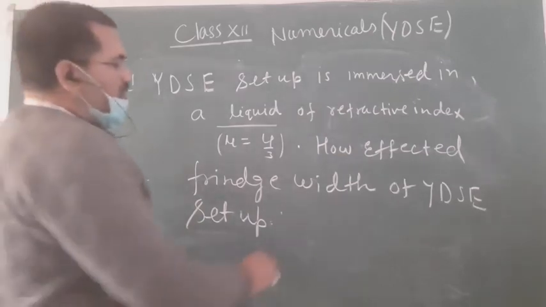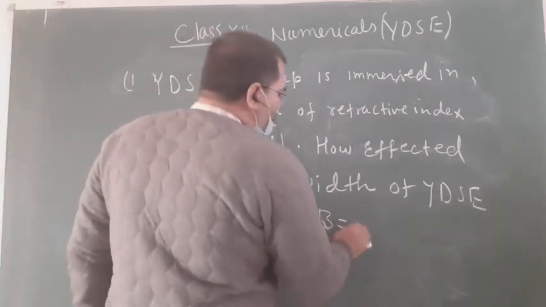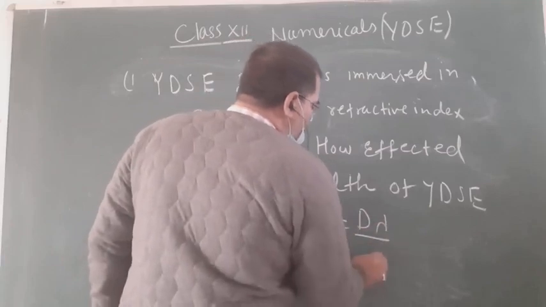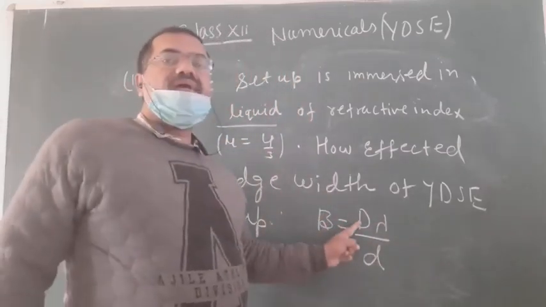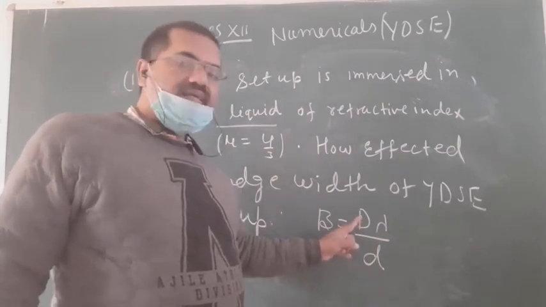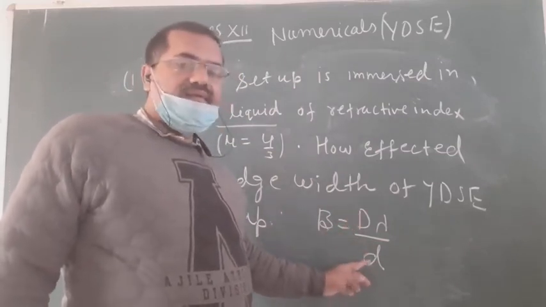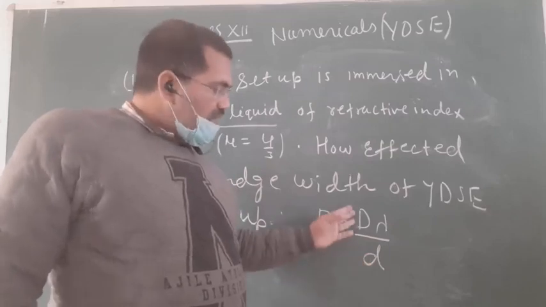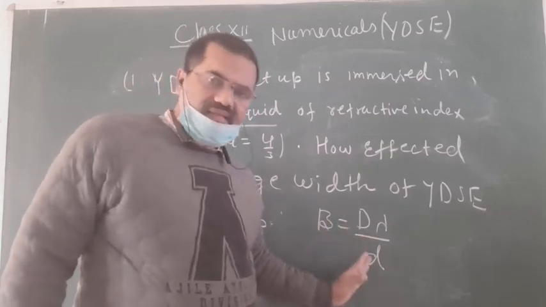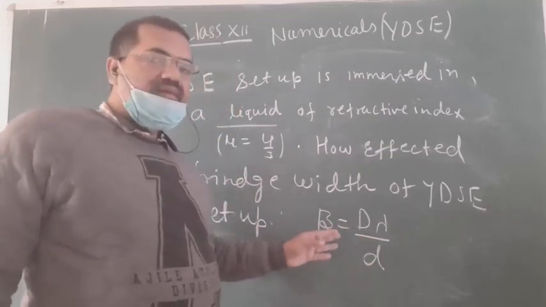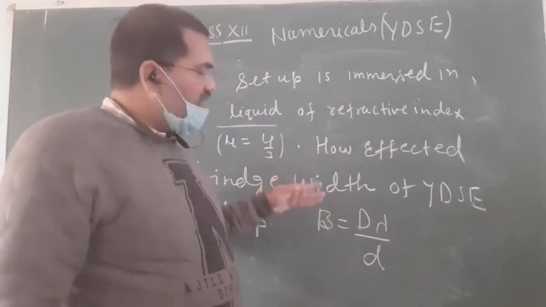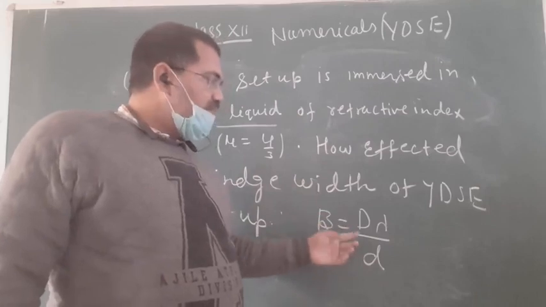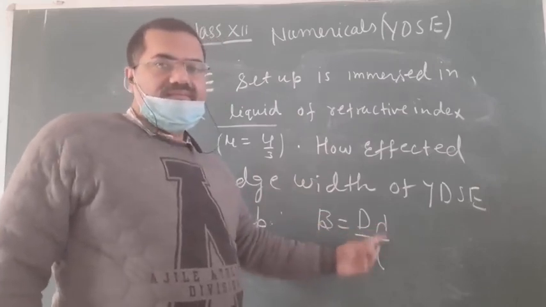As we know, the formula for fringe width is beta equal to D lambda by d. In the YDSE setup, capital D is the distance between screen and slits, and small d is the distance between the slits. These quantities are constant. So when the wave travels from a rarer medium to a denser medium, lambda will be affected.